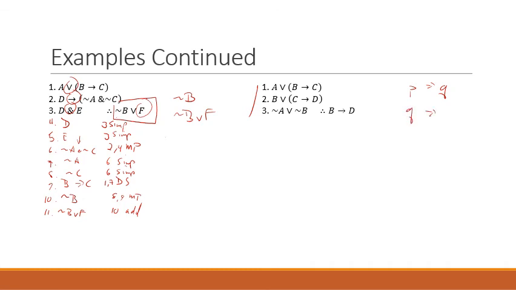So if you have P arrow Q on one line, and you have Q arrow R on the other line, then you can get P arrow R. And if you look at lines 1 and 2, you'll see that that's that pattern over here, right? So here's B arrow C, here's C arrow D. So if you do hypothetical syllogism on it, we'd get B arrow D.